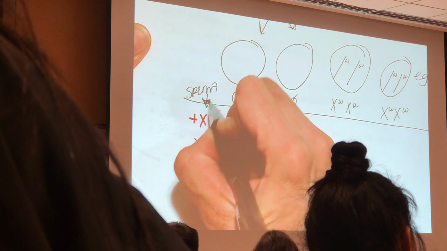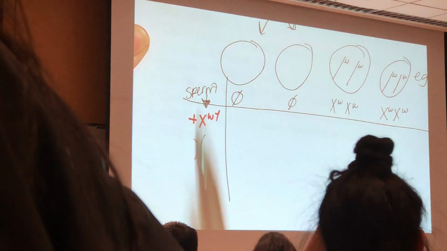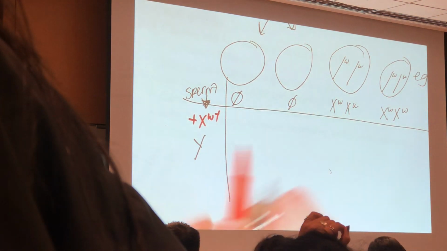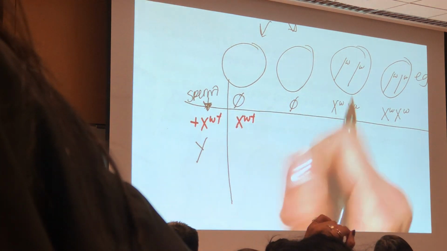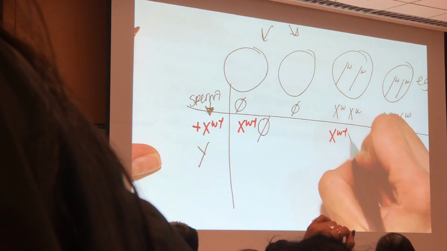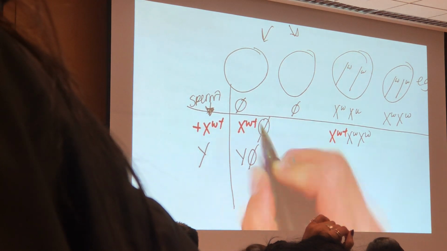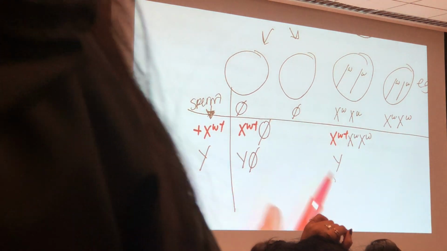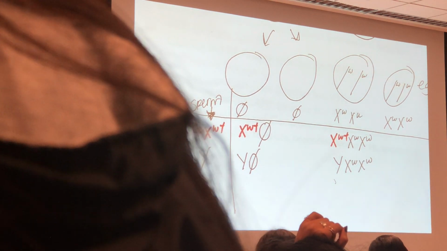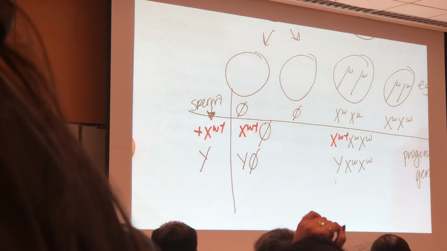Yell at me to move it, I can't. Right? And the question was asking about progeny, not gametes. So we're either going to have X^W+ null, or X^W+ X^w X^w, or Y null, or Y X^w X^w. Progeny genotypes.